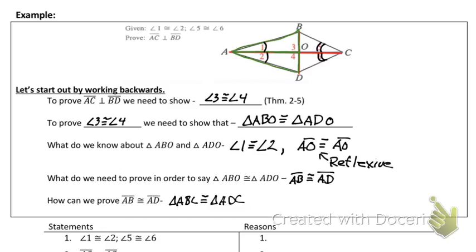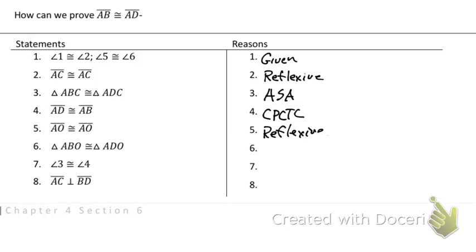It'd be side angle side, because we just proved that AB was congruent to AD, we proved that AO is congruent to AO, and we know these two angles, so it's going to be side angle side. I got HL.